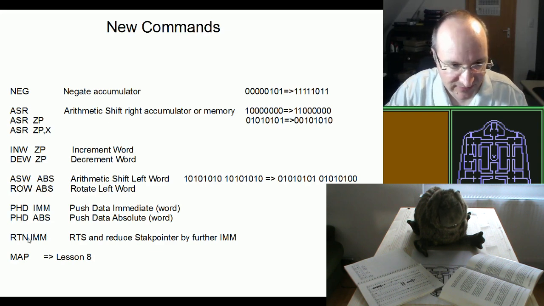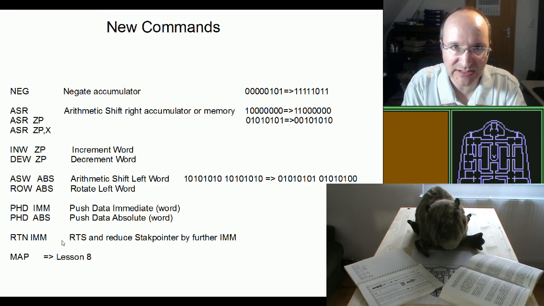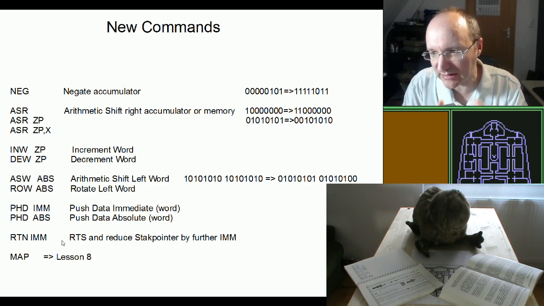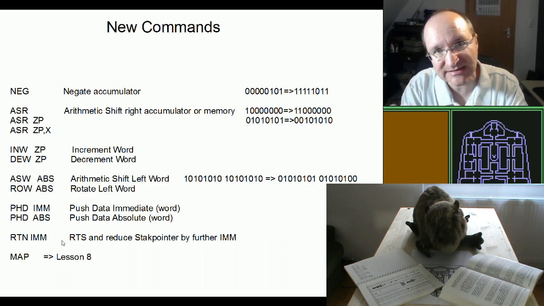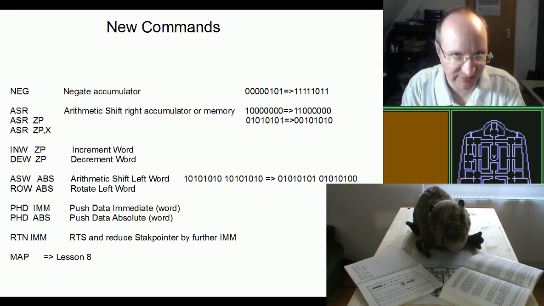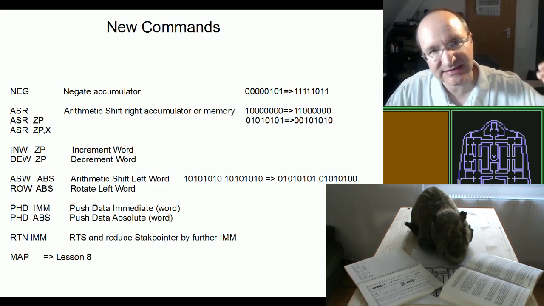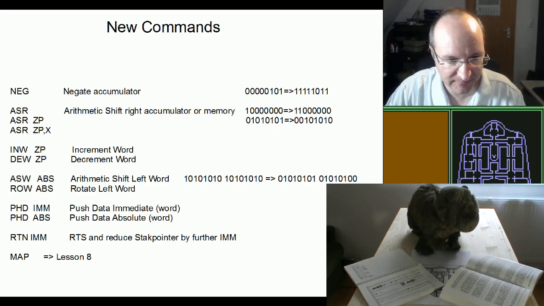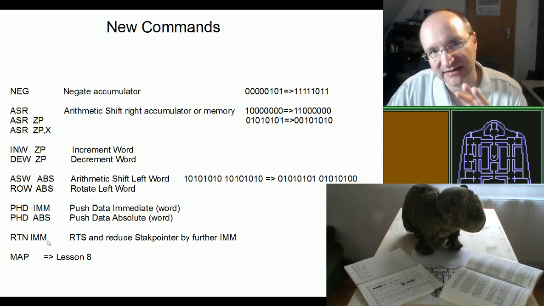So if you give here a 5, it jumps back. It removes, of course, the bytes that were necessary for storing the return address, and in addition it would remove the next 5 bytes, because we have given 5, and leave the stack then as it is.